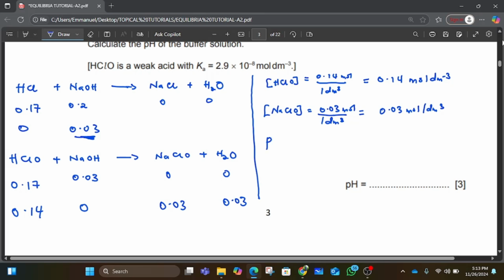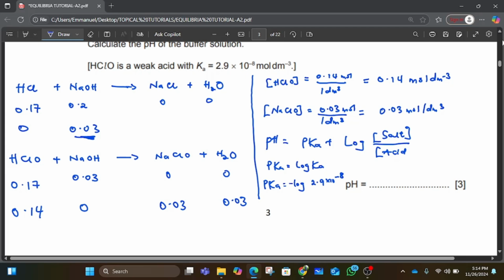Now we know that pH is equal to pKa plus log of the concentration of the salt over the concentration of the acid. And pKa is equal to negative log of Ka. Since we have the Ka, our pKa will be negative log of 2.9 times 10 power minus 8, and that gives us 7.54.